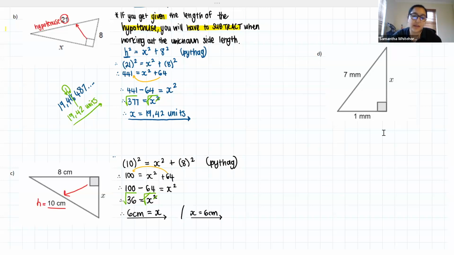Because it says solve for x, you should have x equals and then an answer. Guys, let's just double check our calculations as we go on.